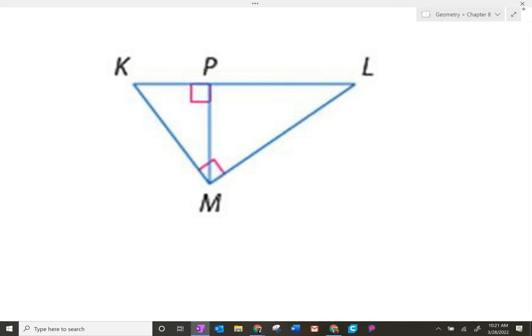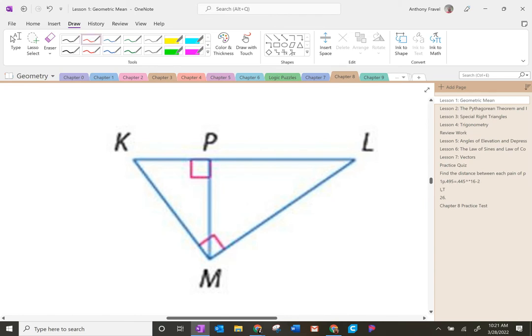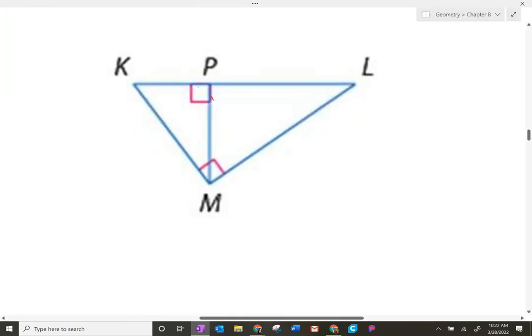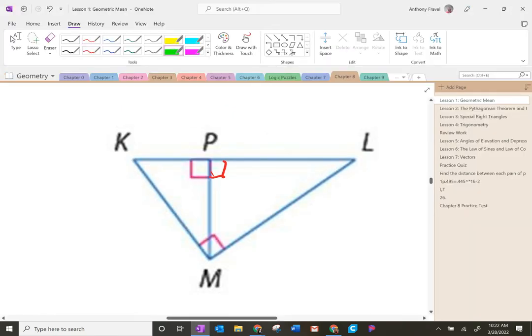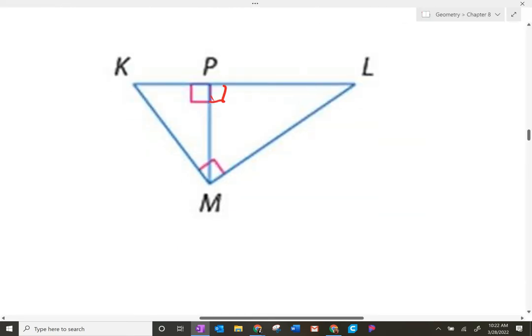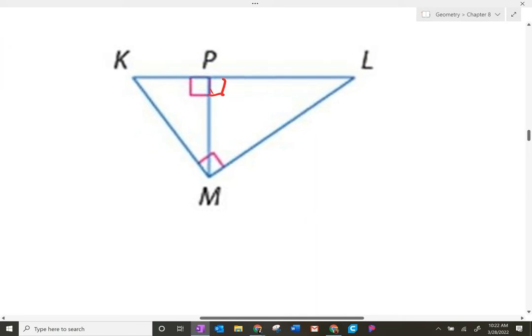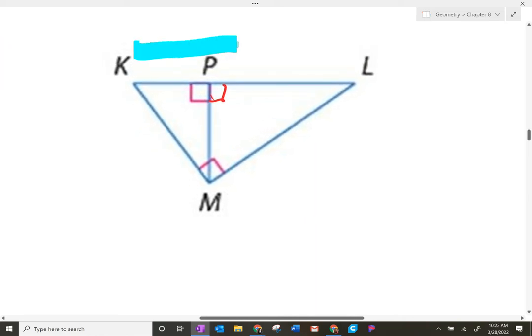All right. So let me get this little thing out. I know that if this one is a right angle, this one is also a right angle. Just kind of want to throw that out there. So the first thing I'm going to do when I look at these ones, I'm going to try to find the things that are completely opposite of my right angle. So this whole side over here, the big thing, that one's a hypotenuse.